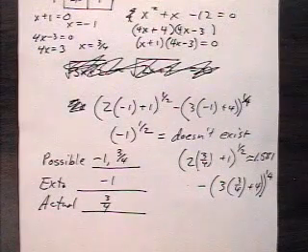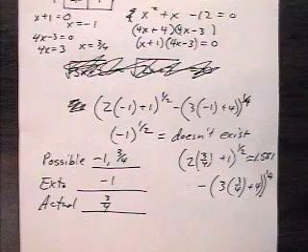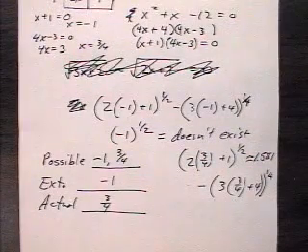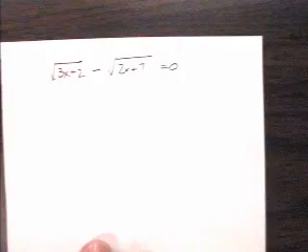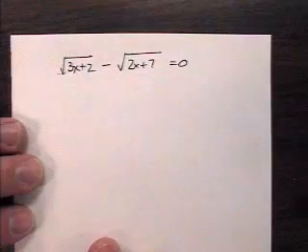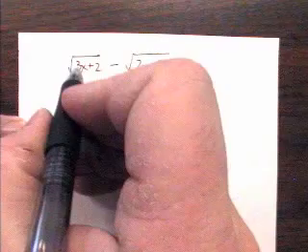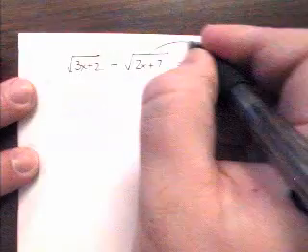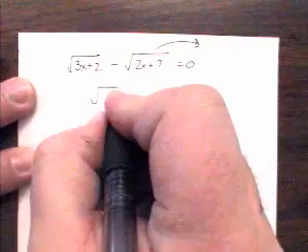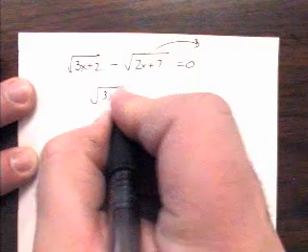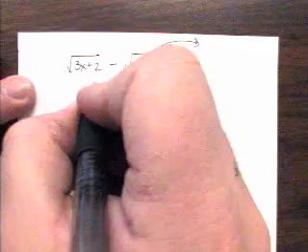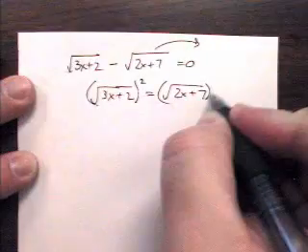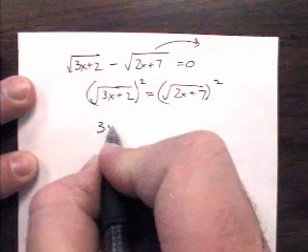That last example that I had up there on the screen is actually easier than the past one because both of the roots are square roots. So yes, I am going to push that one to the other side. But when you square both sides, nice things happen.